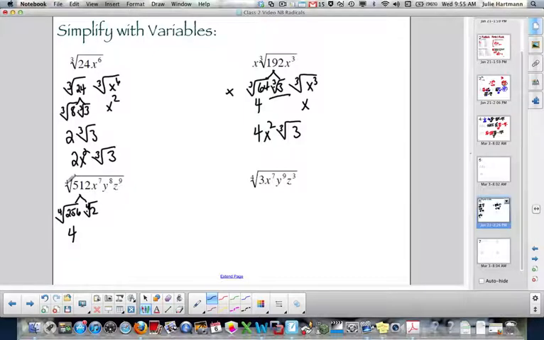You can do 4 goes into 7 once, and then there are 3 left over. So on the inside, you'd have x cubed. With a y, 4 goes into 8 twice, so you can bring a y squared out. None left over. With the z, 4 goes into 9 twice, and then you have 1 z left over. Okay, so it's 4xy squared z squared times the 4th root of 2x cubed z.